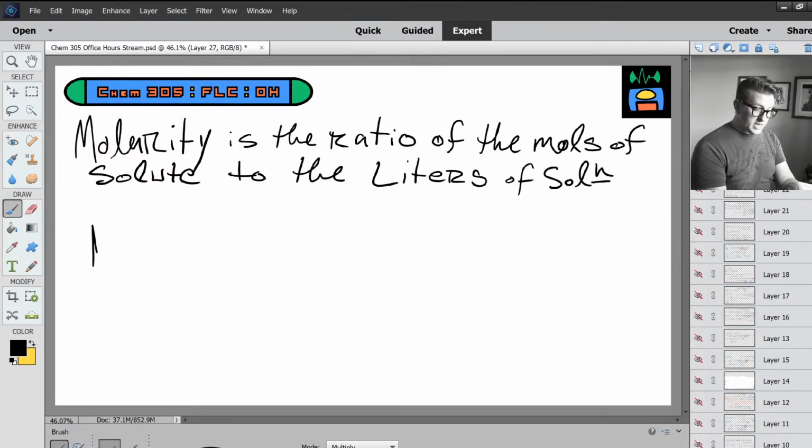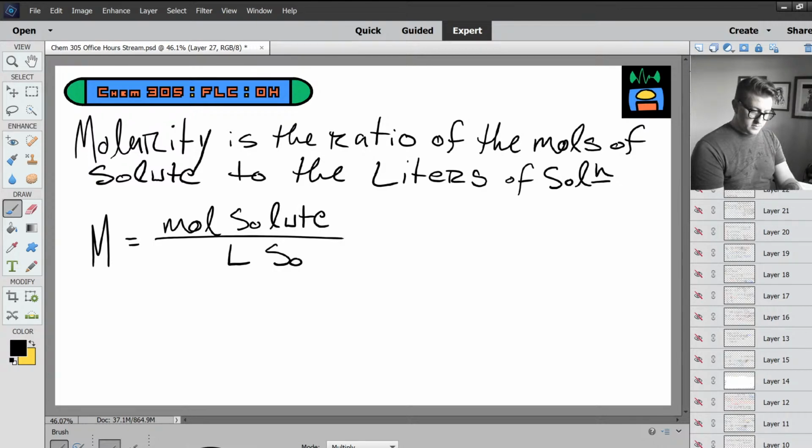All right, so molarity just equals moles of solute divided by liters of solution. So that's what molarity is.